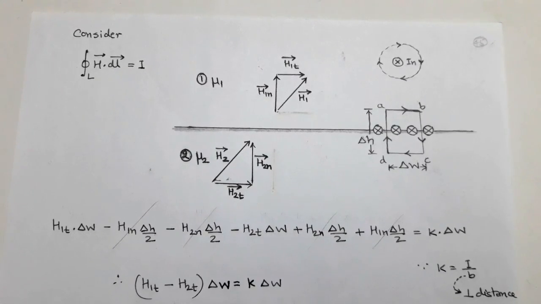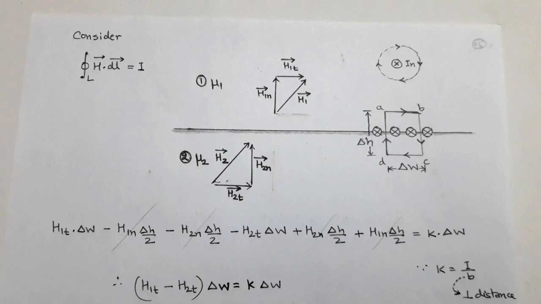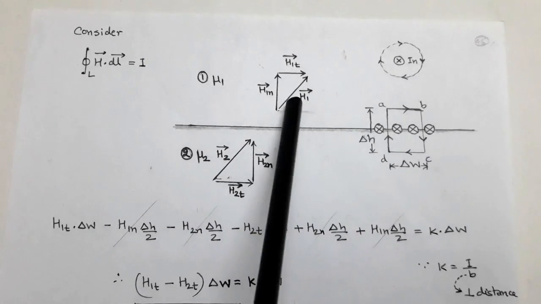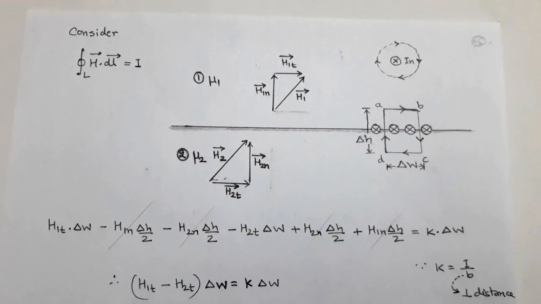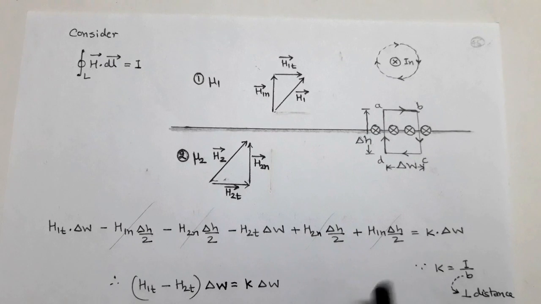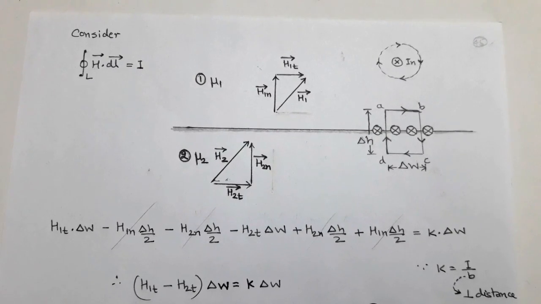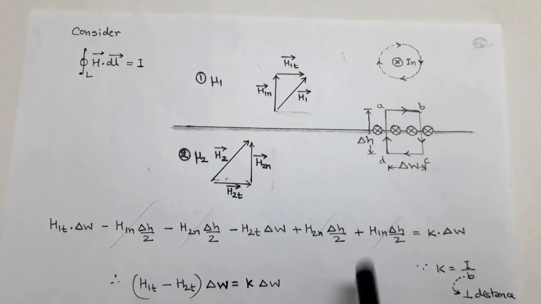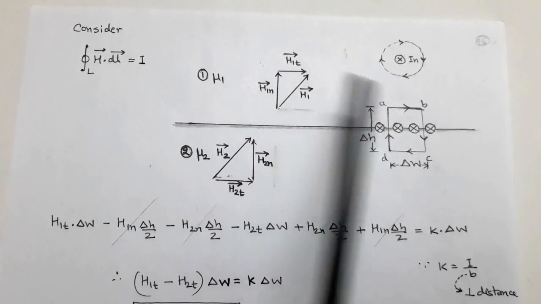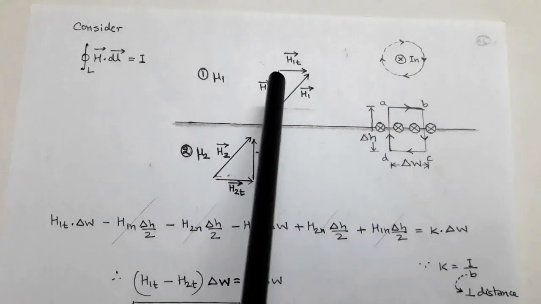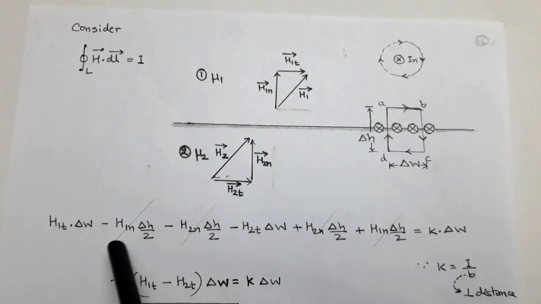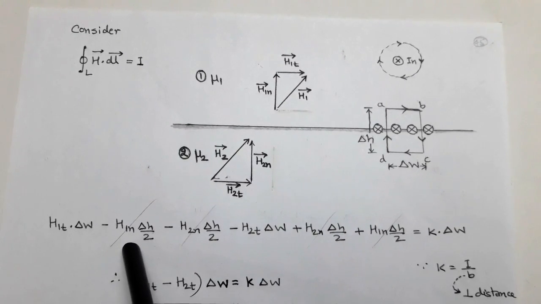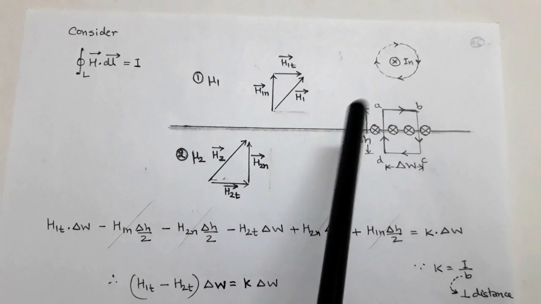Now as we move from B to C, having a half path in region 1 and half path in region 2. The half path of BC in region 1, and its dot product H dot dl, here as we move from B to C, is opposite to H1n, and its dl is delta H by 2.